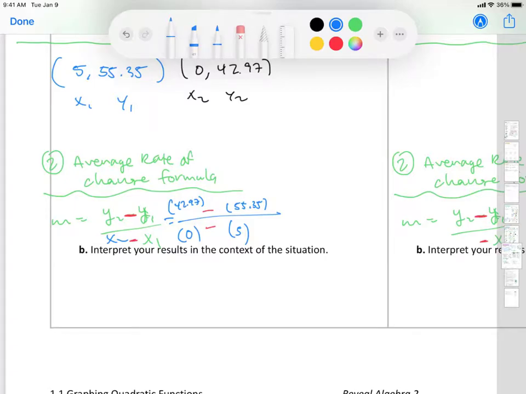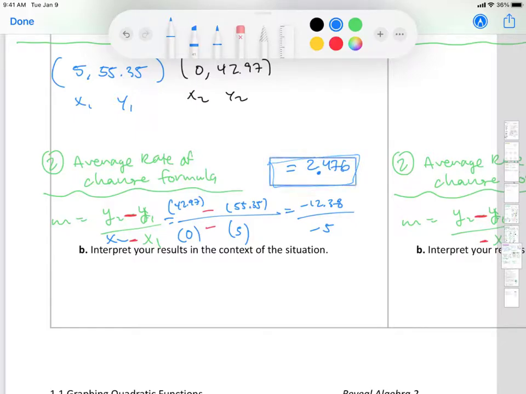Let's go ahead and subtract these. $42.97 minus 55.35. I'm putting in my calculator here. Negative 12.38 over negative 5. Of course, negative divided by negative is a positive, so you could say 12.38 over 5 years.